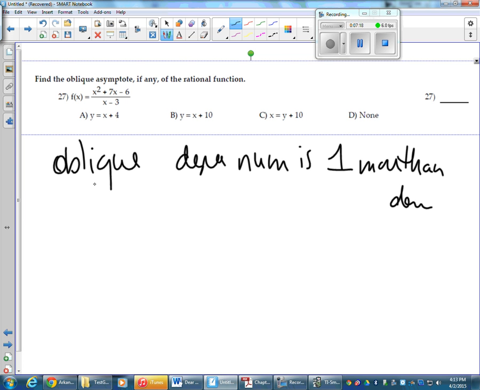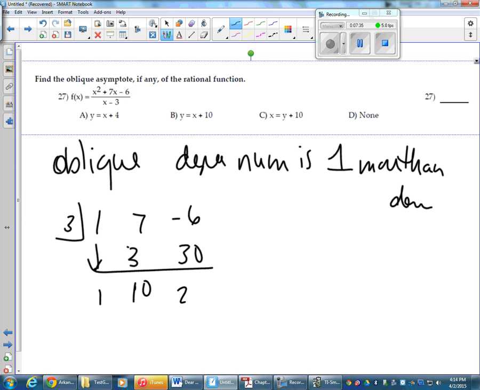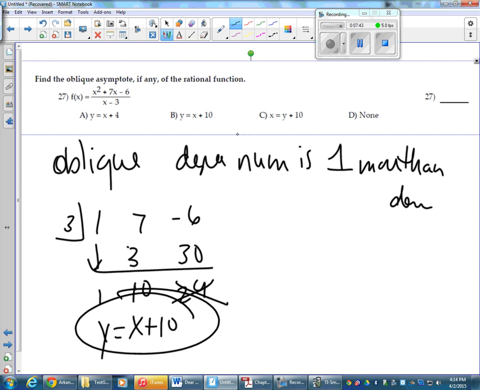So then you're going to do synthetic division, so dividing by x minus 3, I'll put a 3 on the outside, or long division, if you prefer that. And then the coefficients would be 1, 7, and negative 6. So bring down the 1, 3 times 1 is 3, add, you get 10, 3 times 10 is 30, add, you get 24. So this is y equals x plus 10. The remainder is 24. That doesn't even matter here. So this is my oblique asymptote, y equals x plus 10.